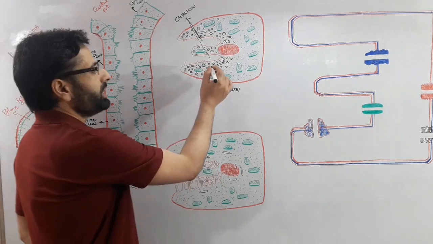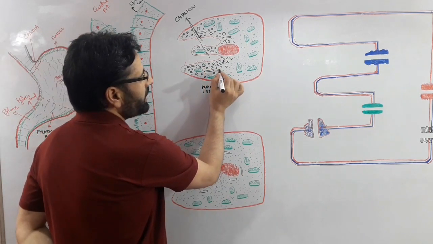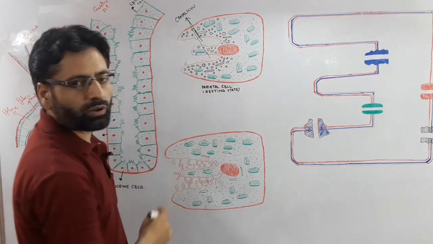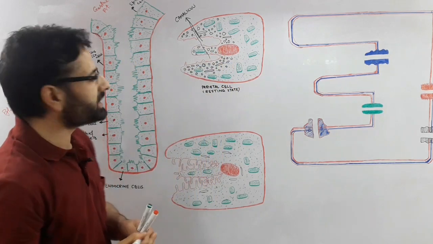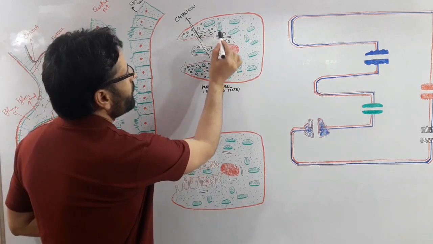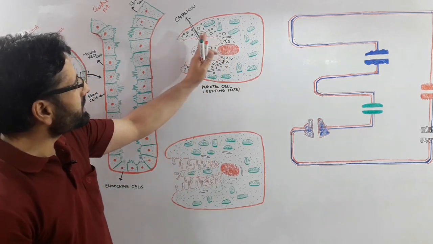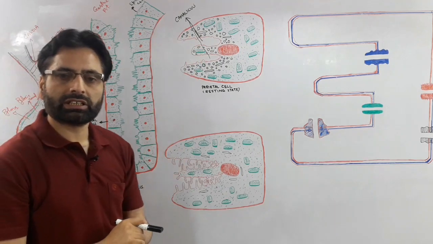And here the main feature is that we have these small vesicles present towards this apical side of this parietal cell. That is, there is a large number of these small vesicles present towards this apical side of the parietal cell.